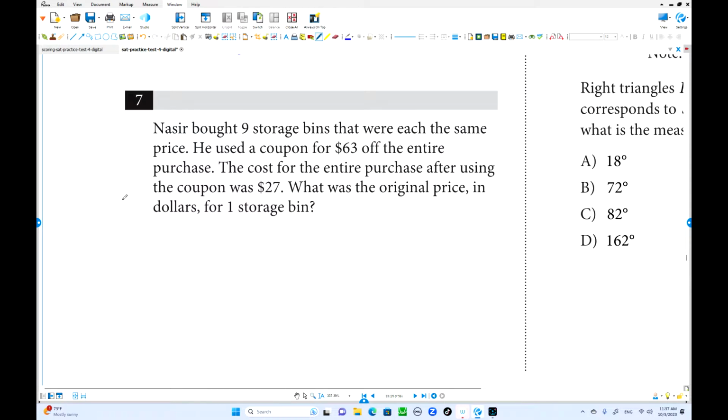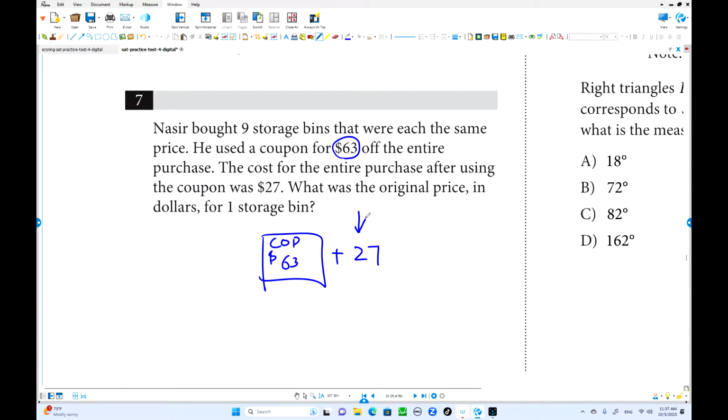All right, number 7. The guy buys 9 storage bins. He used a $63 coupon. Okay, the coupon is $63. So after the coupon he paid 27, right?